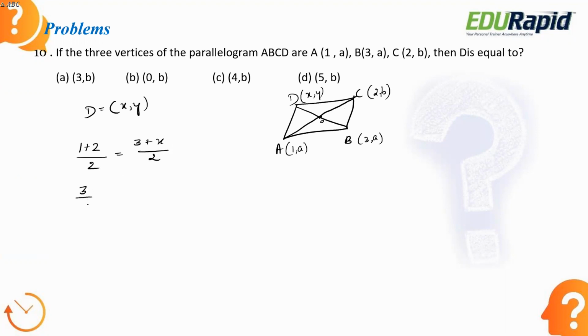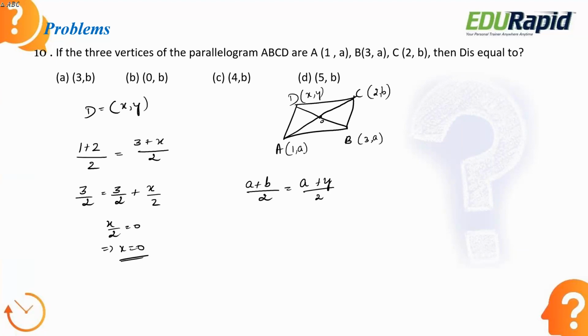So I'll write 3 by 2 is equal to 3 by 2 plus x by 2. So x by 2 will be 0. That implies x is equal to 0. Similarly, for y coordinates, how do you find for y coordinates now? You have to consider the y-axis. So a plus b by 2 is equal to a plus y by 2.